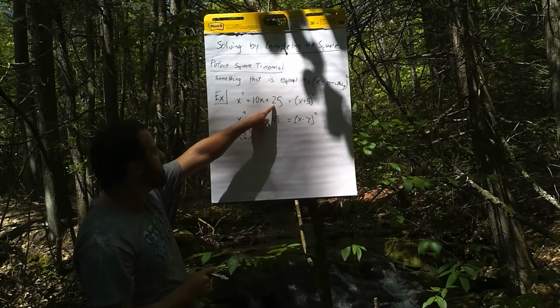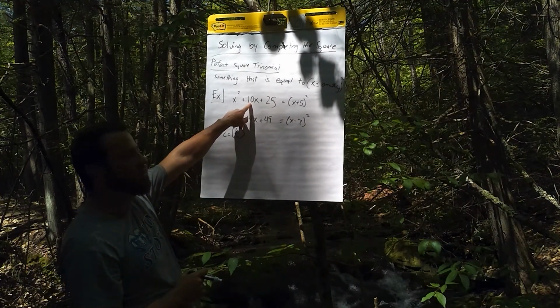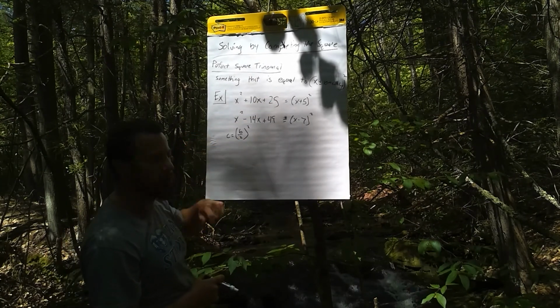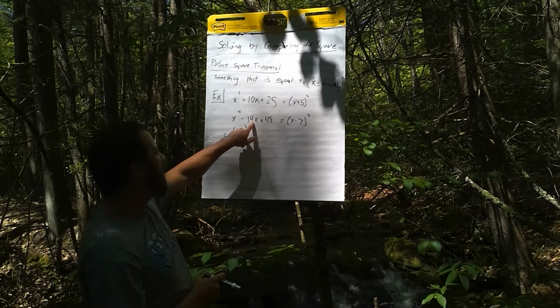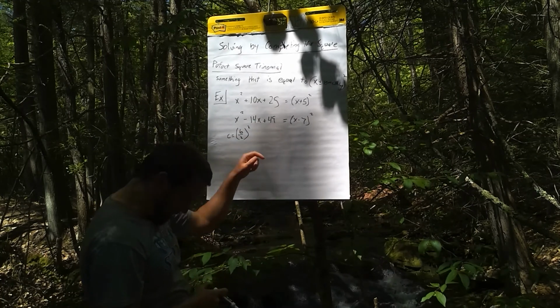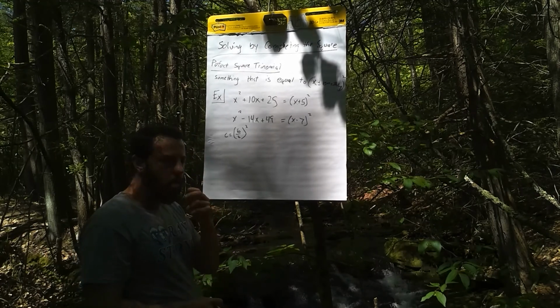All right? Notice c is 25. That's half of b, which is 10. So half of 10 is 5, squared, which is 25. Half of negative 14 is negative 7. Squared is 49. All right?